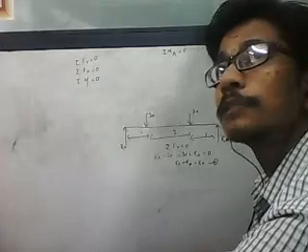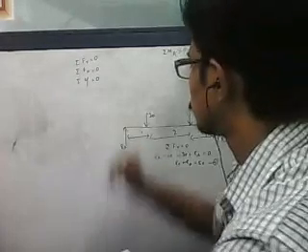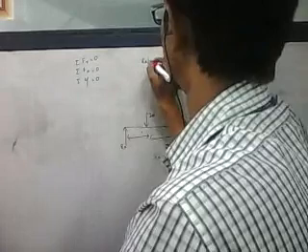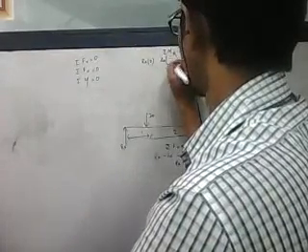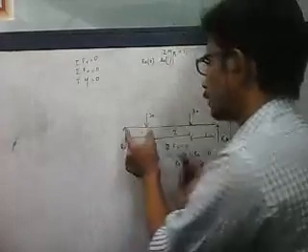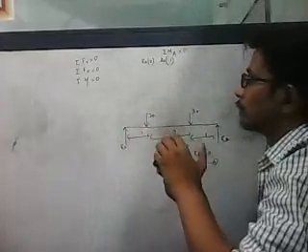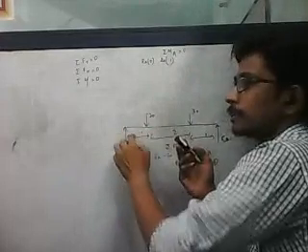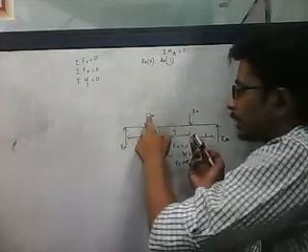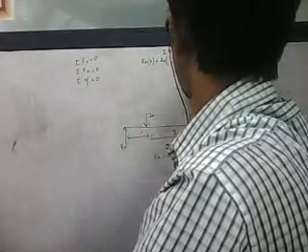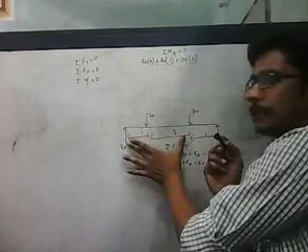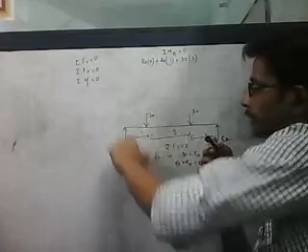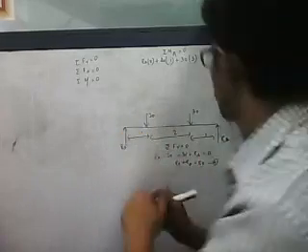So the moment of this force is equal to 0, Ra into 0. 20 into 1, in clockwise direction, that is plus. 30 into 3, again in clockwise direction, plus.